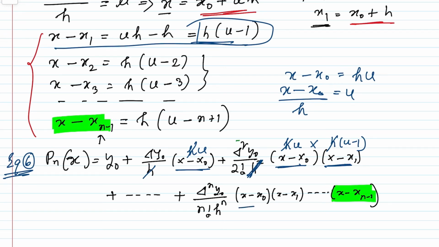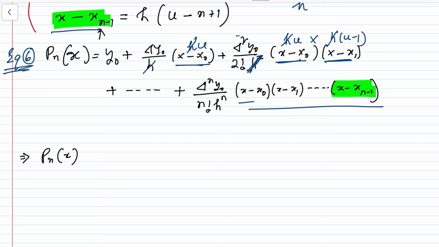Similarly, if we put all these values we have obtained, x minus x1, x minus x2, x minus x3 up to this term of this equation, then finally we will get the equation. So let me write the simplified equation that we will get after simplification.